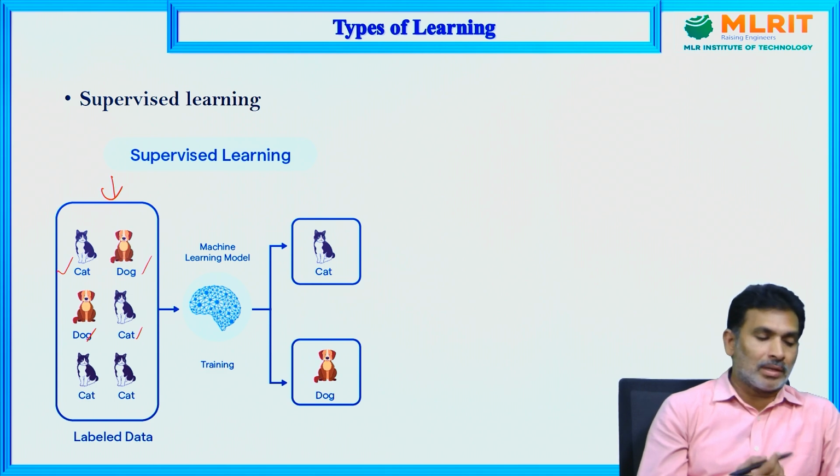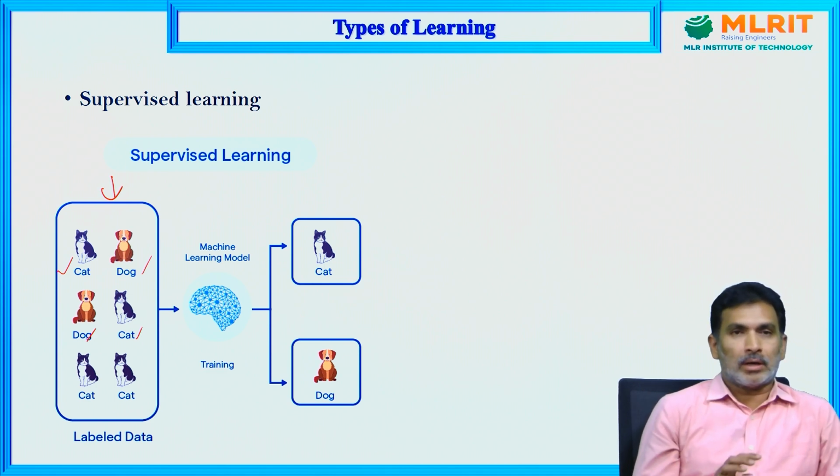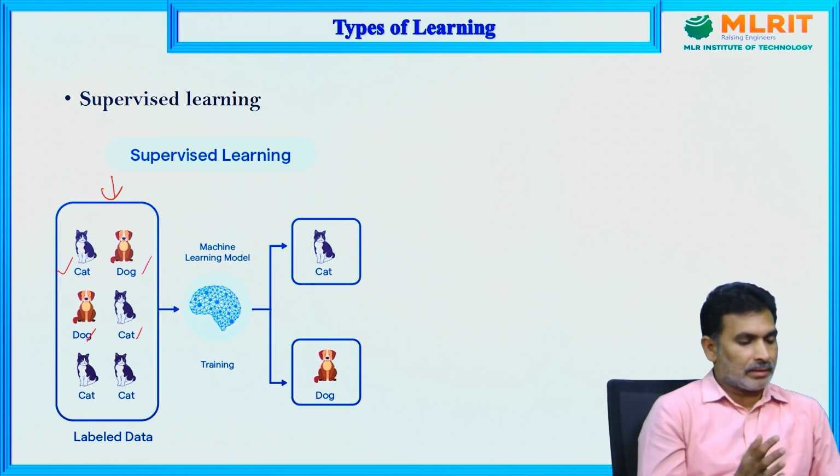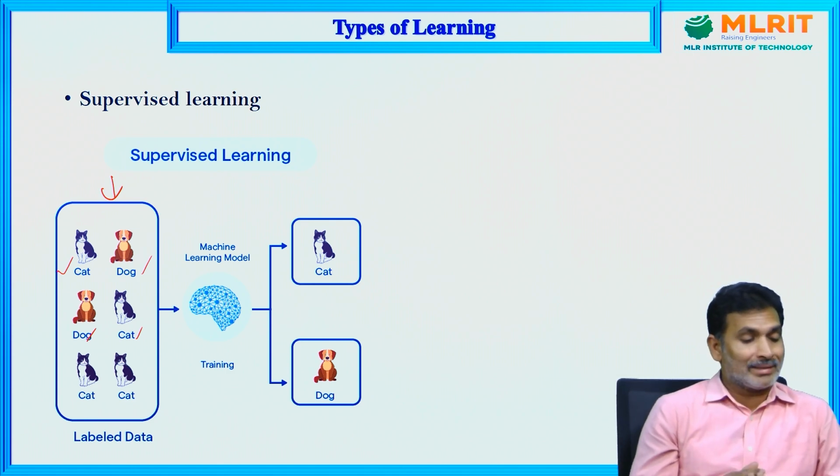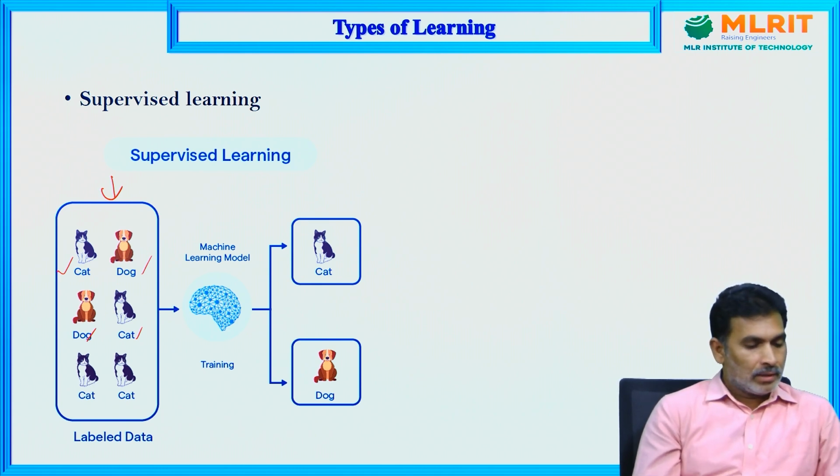That model will understand how the dog's color would look like, how the nose, the face, the overall structure, how its tail looks like, how the ears look like. So these kinds of features will be understood.